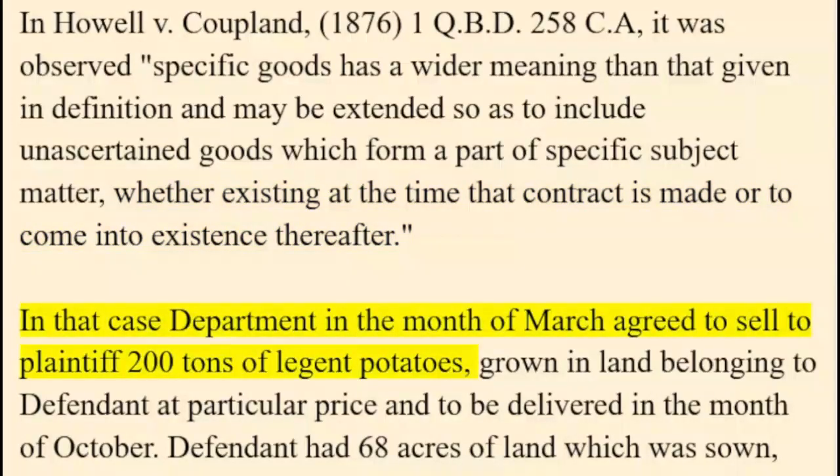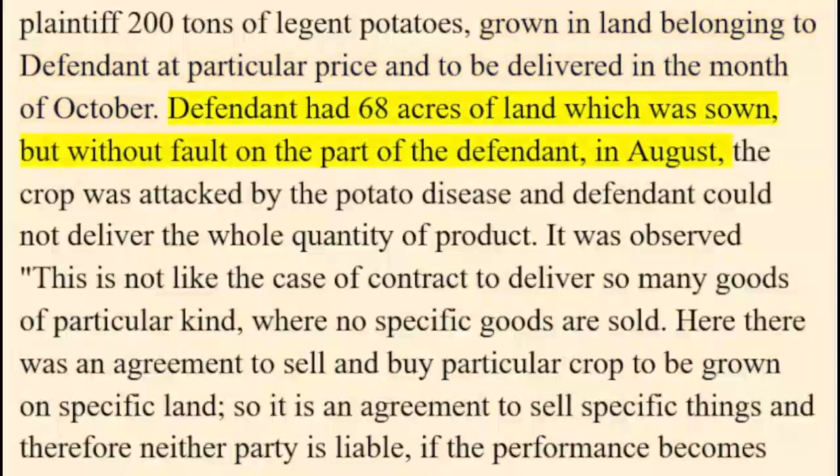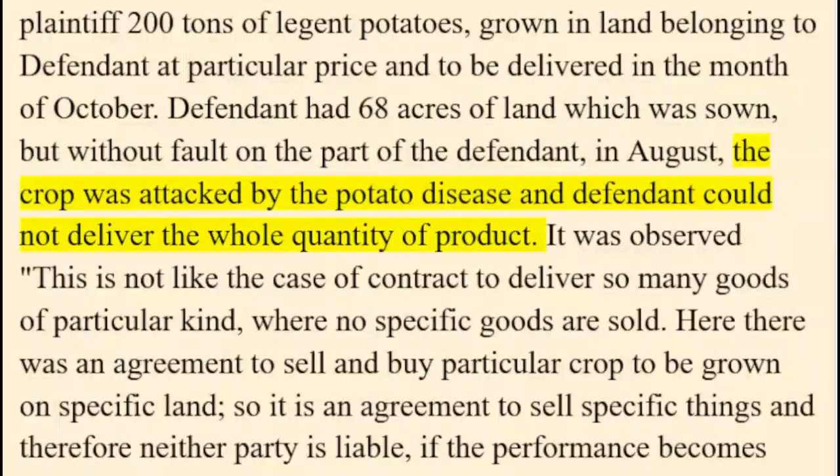In that case, the defendant in the month of March agreed to sell to the plaintiff 200 tons of Regent potatoes, grown on land belonging to the defendant, at a particular price and to be delivered in the month of October. The defendant had 68 acres of land which was sown, but without fault on the part of the defendant, in August the crop was attacked by potato disease and the defendant could not deliver the whole quantity of produce.